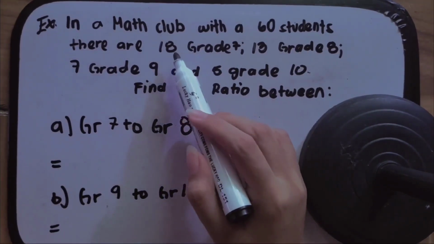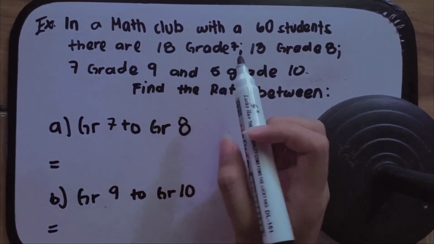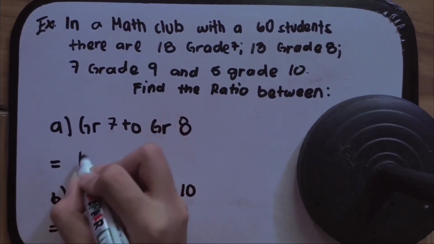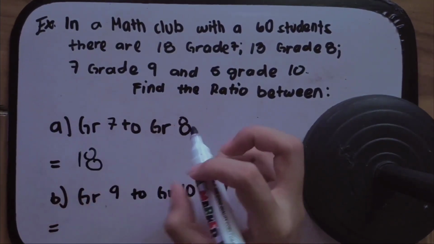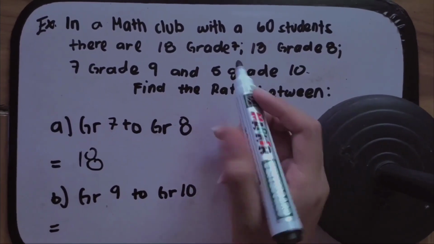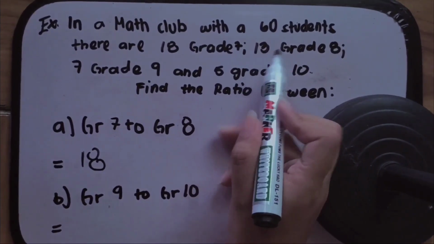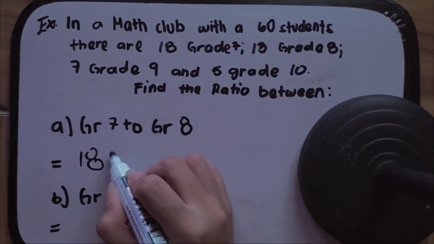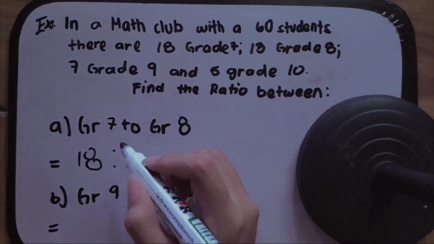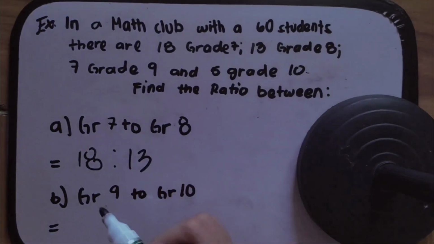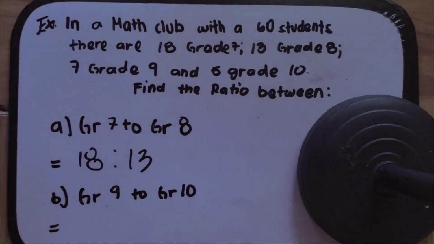So, sabi dito, there are 18 grade 7. So, 18. Ilan naman sa grade 8? Sabi dito, 13 grade 8. So, lalagay natin 18 to 13. So, therefore, merong 18 to 13 ang letter A.